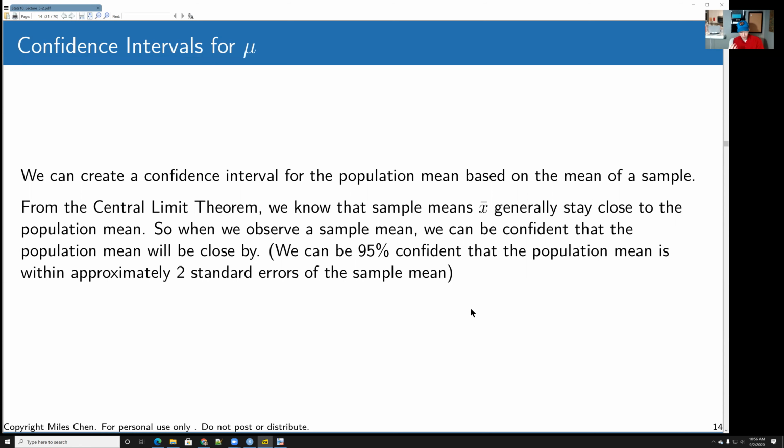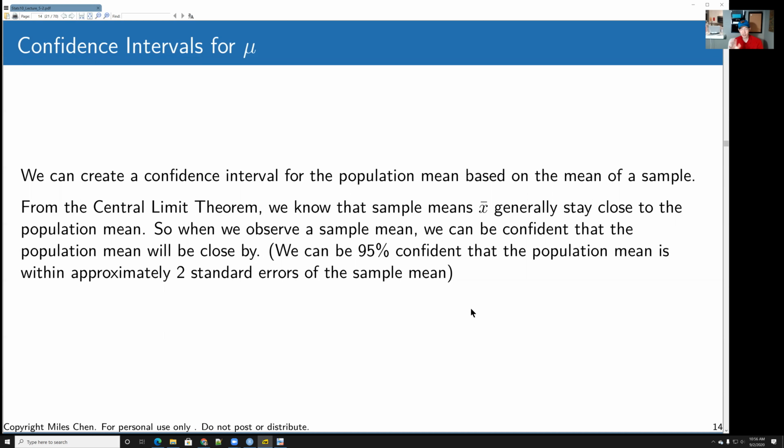Based on this value, what can I say about the mean of the population? From the central limit theorem, we know that x bar follows a normal distribution, which means that in general, x bar, the mean of your sample, is going to stay close to the mean of the population. And so whenever we observe a sample mean, we can be confident that the population mean is close by. Or more specifically, we can be 95% confident that the population mean is within approximately 2 standard errors of the sample mean.